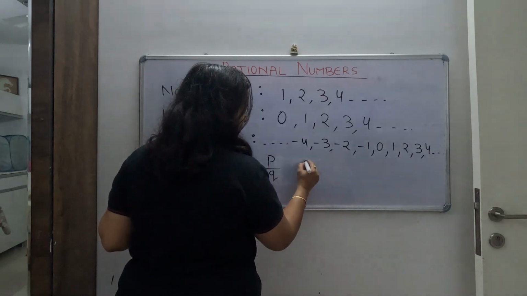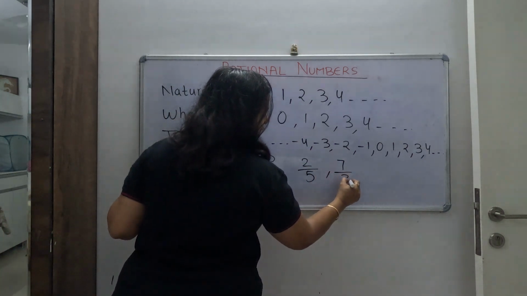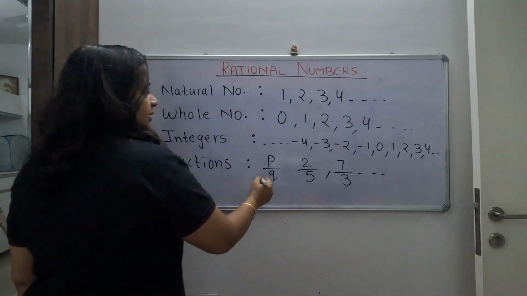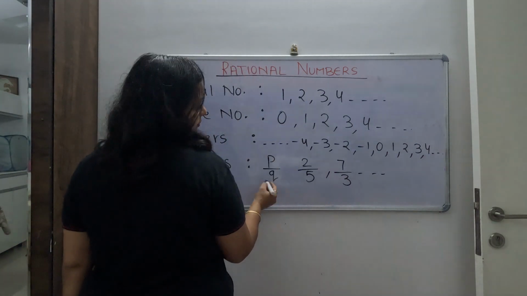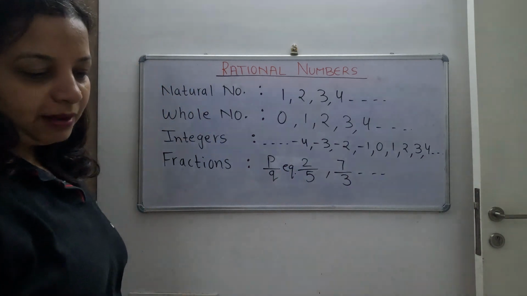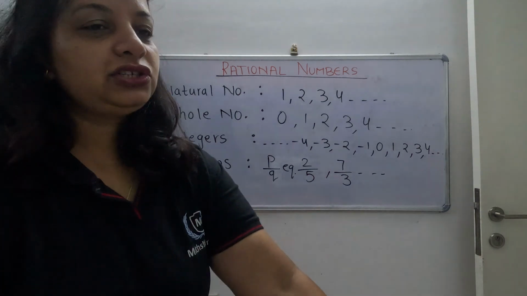You can take any, like 2 over 5, 7 over 3 and so on. So these are fractions, because here p and q are any natural numbers, right?